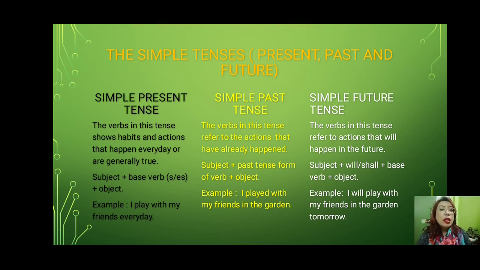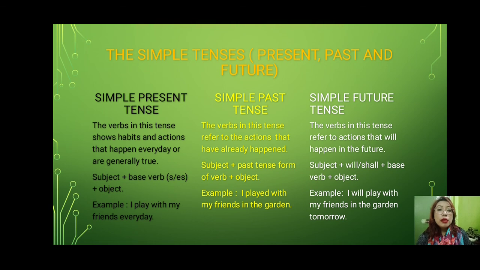The formation of the sentence for simple future tense is subject plus will or shall plus base form of the verb plus object. One peculiar thing you will get in the future tense is that you have to use will or shall. And then the base form of the verb, that is the pure form of the verb, plus the object.